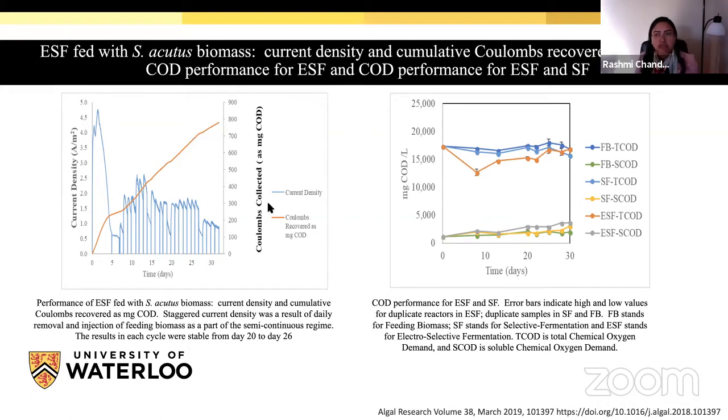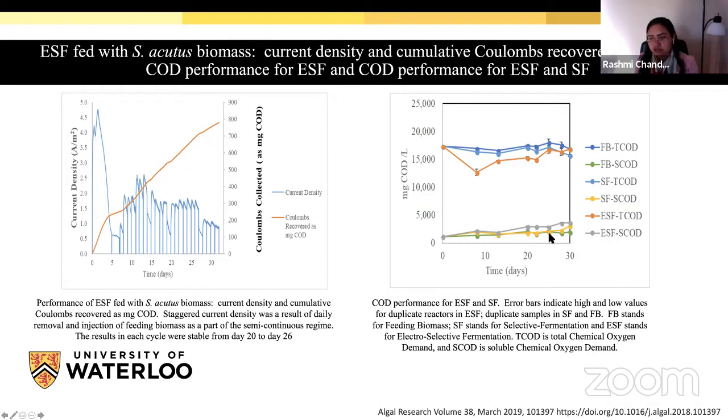We first did the COD, total COD and soluble COD. The top one is total, and the bottom one is soluble. FB is feeding biomass, this is selective fermentation, and this is electrofermentation. Once we look at electrofermentation, the total COD is actually decreasing. It means the content has degraded and been converted to some other form.